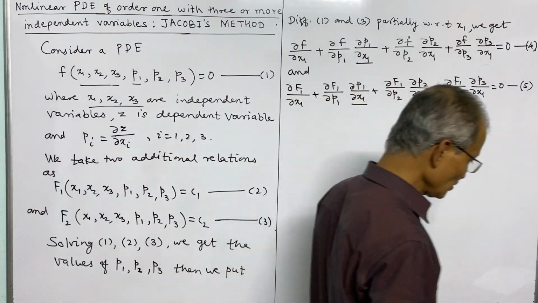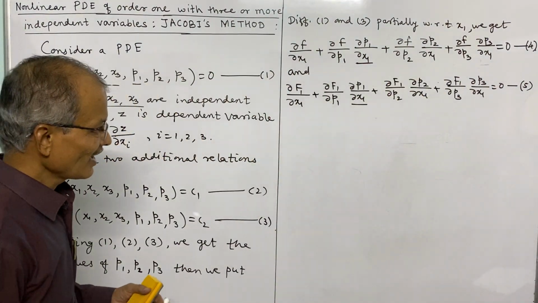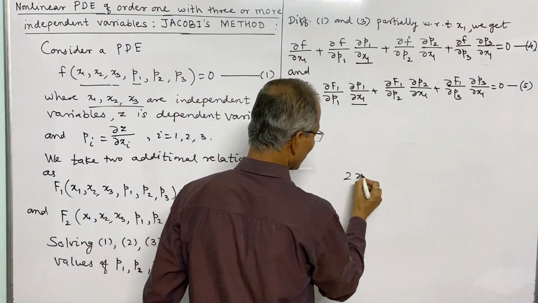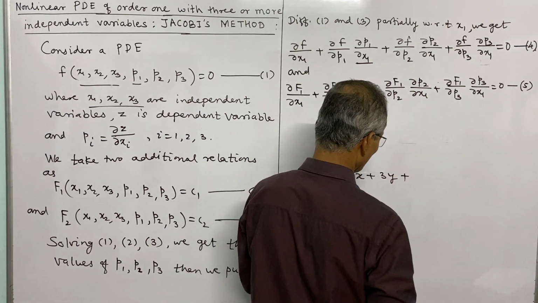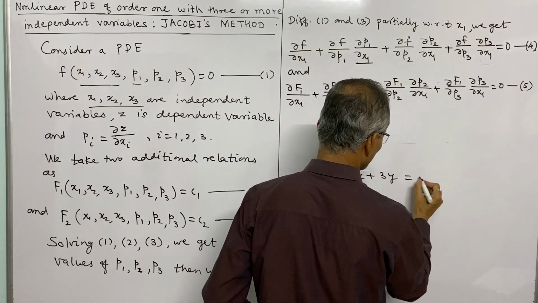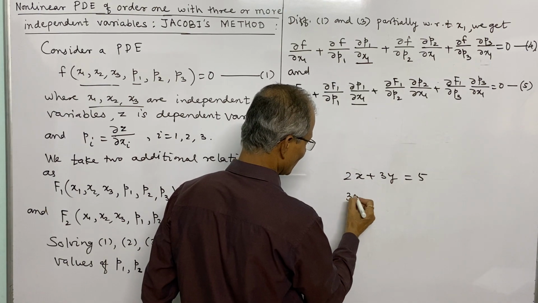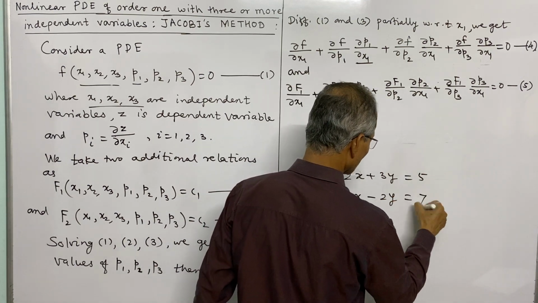Now, what is the usual? When we solve algebraic equations, we use the elimination procedure. That means if this type of equation is there, say 2x plus 3y is equal to a constant, say 5, and another equation can be considered as say 3x minus 2y is equal to 7.